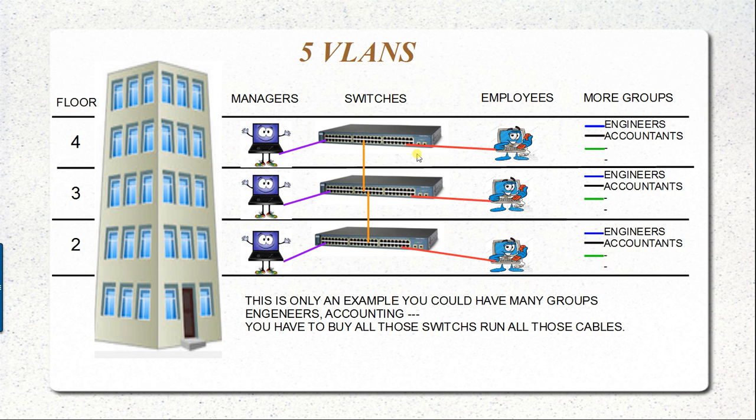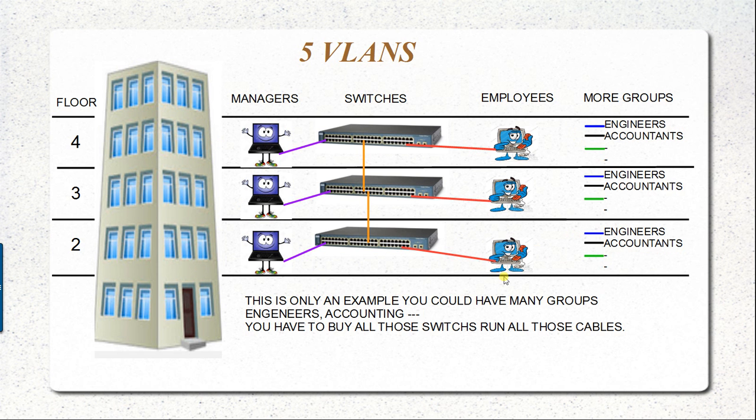So we can see here that it doesn't have to be just 2 VLANs. You could have 5, you can have even more. We can have engineers, accountants, whatever. We can have many and even more. So all of these plug into their switch on different floors. So we can have managers, engineers, accountants on each floor, and each one can have their VLAN.